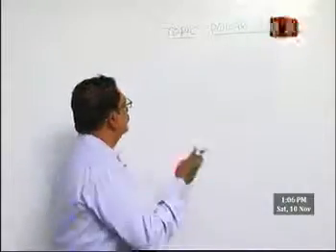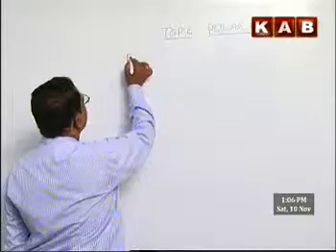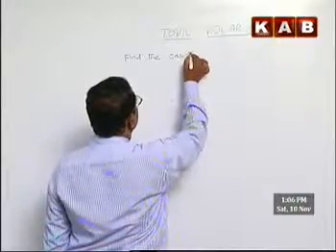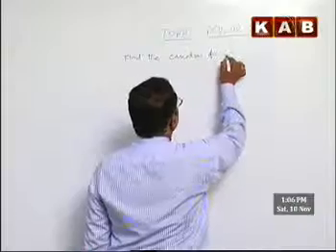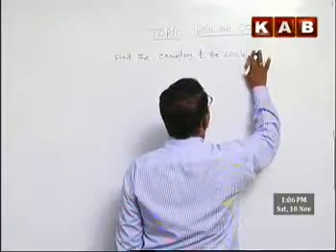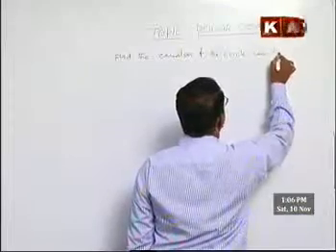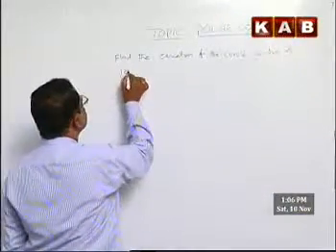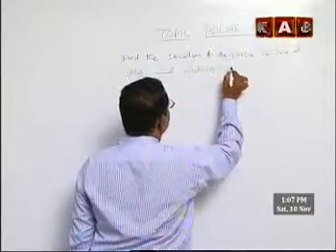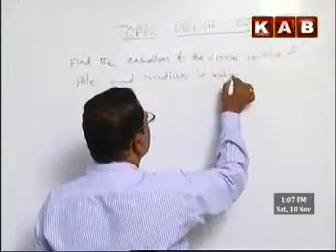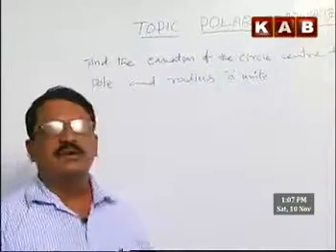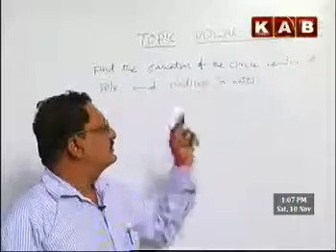First, find the equation of the circle with center at pole and radius A units.